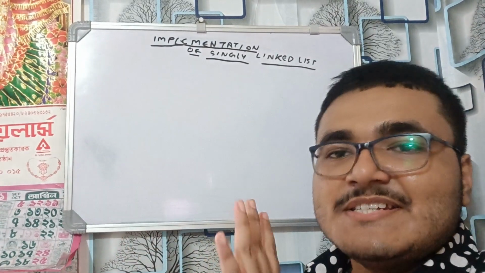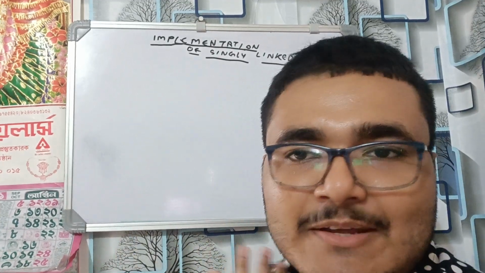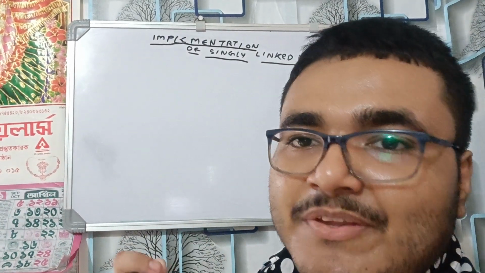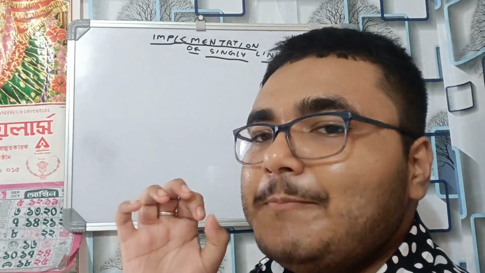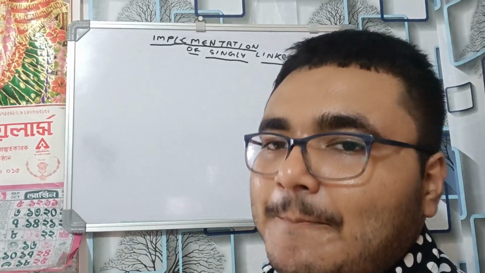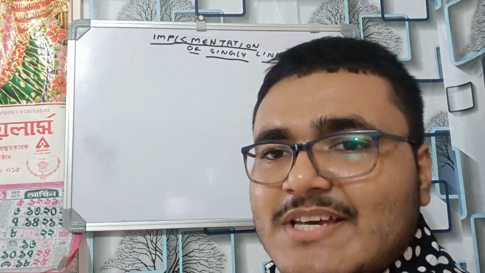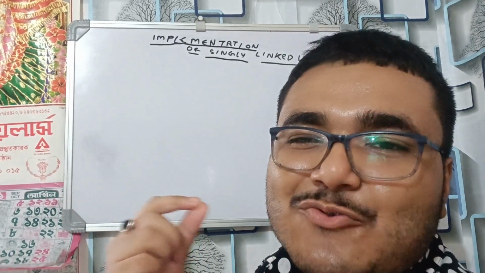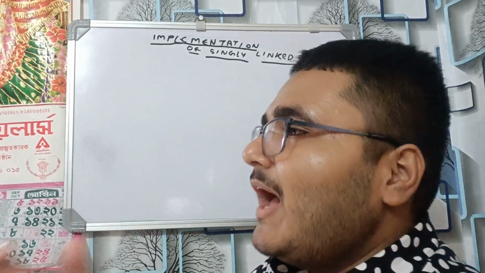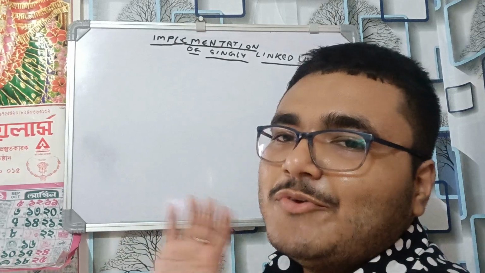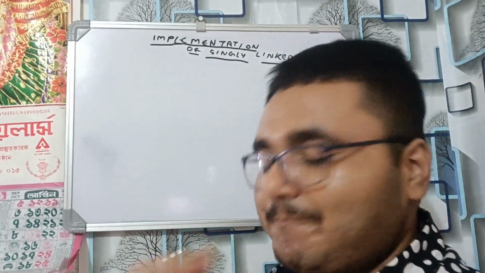Once you understand one of the linked lists, the singly linked list, believe me, by yourself you will be able to implement the other three. There are just a few changes you need to make, and everything will be done.